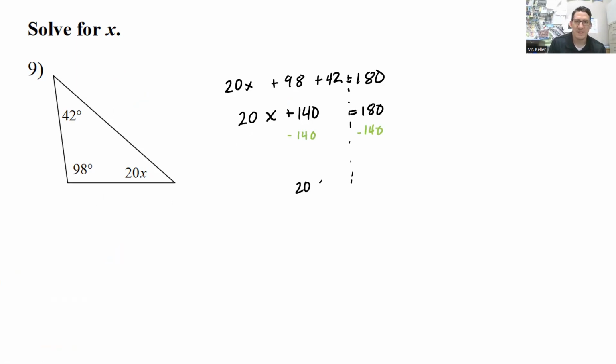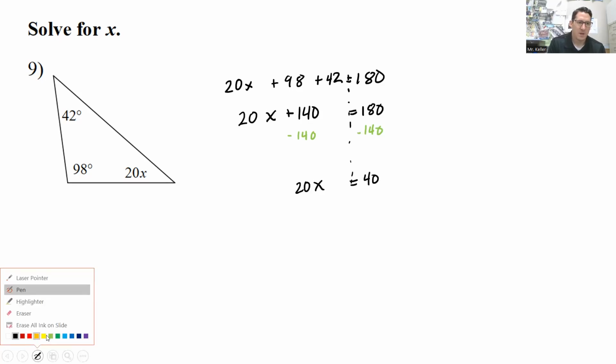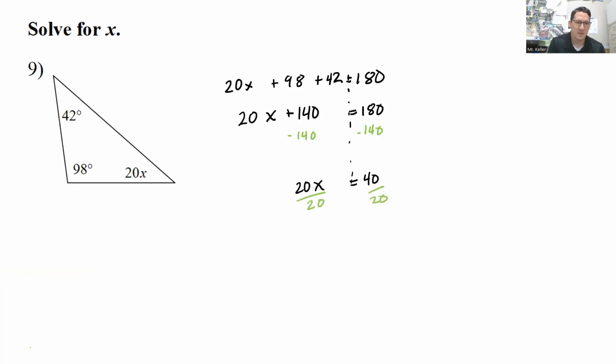So you get 20X is equal to 40. And then divide both sides by 20. So you get X is equal to 2. That's it. All right, so add up all the interior angles and say it equals 180 and solve. We did a lot of that when we were working with just polygons.